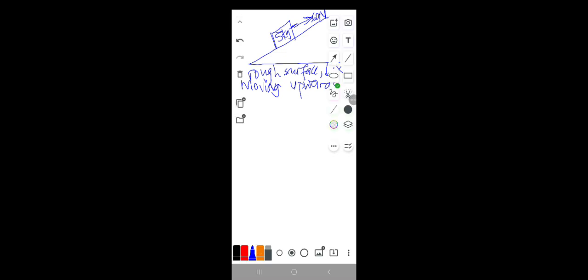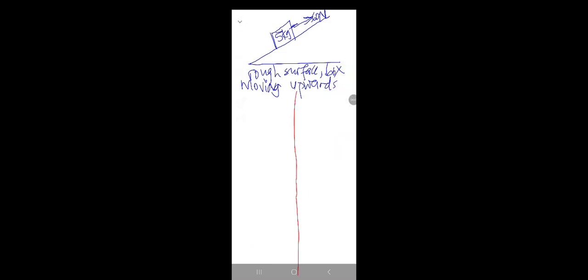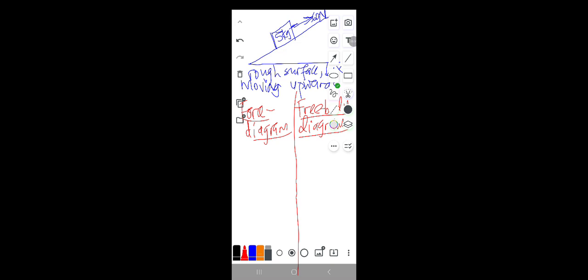We're still drawing our force diagram, and then a free body diagram. Okay, let's move on. Before we answer our questions, let's list the forces which are acting on the object.